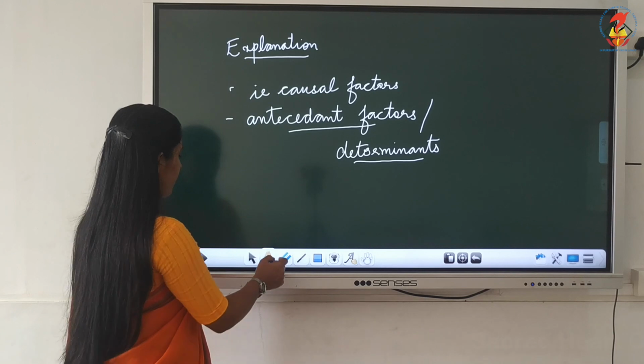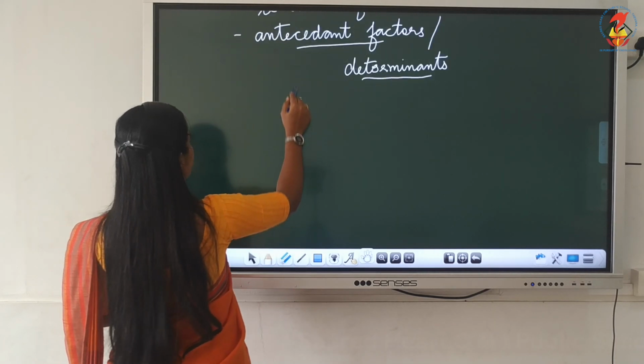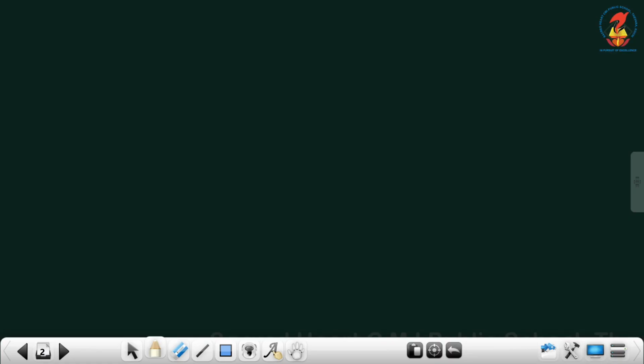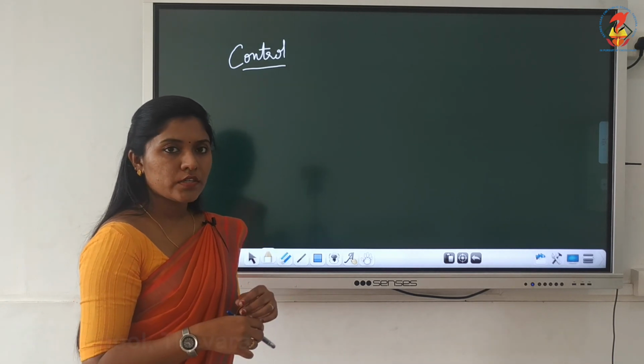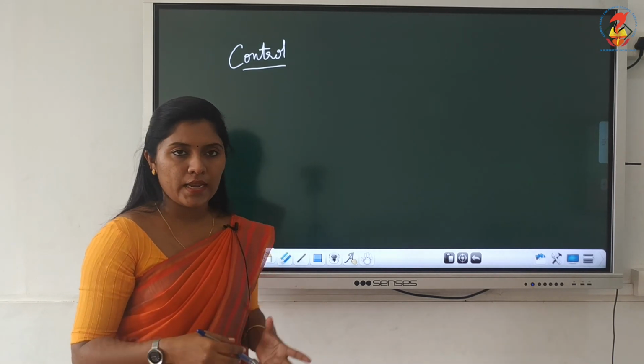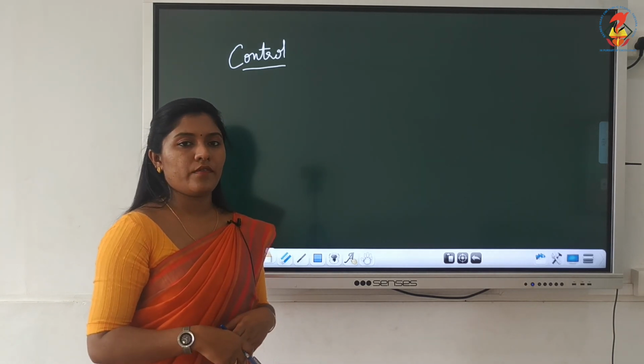And now we are moving to the fourth goal, that is control. So you got a topic, then you researched on it, you collected data, you analyzed it, explained it. Now you can control the particular behavior.